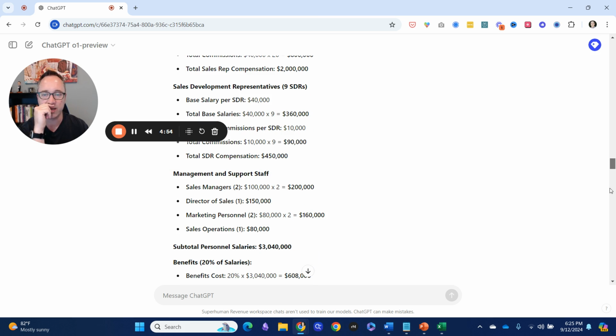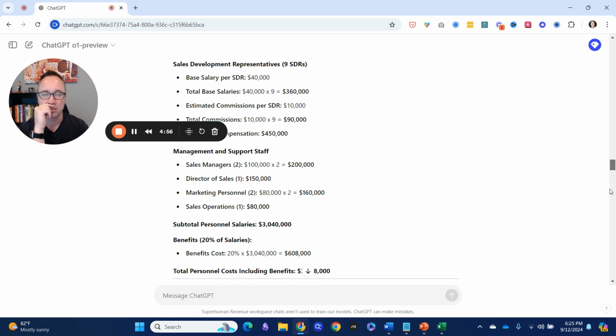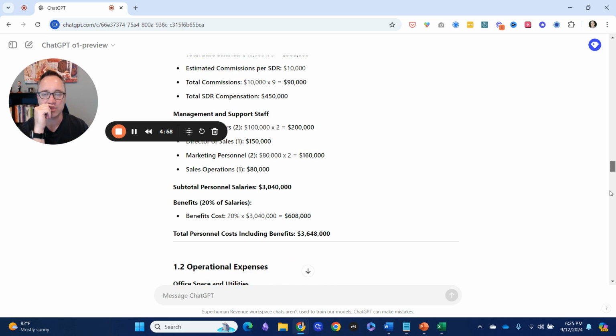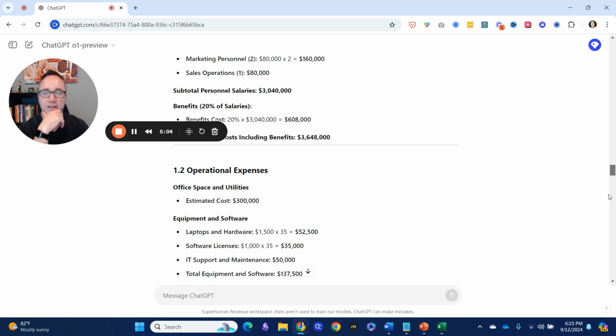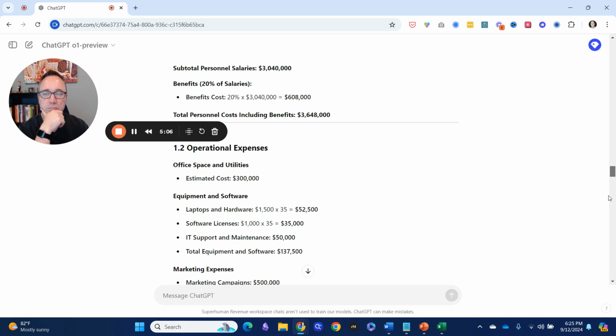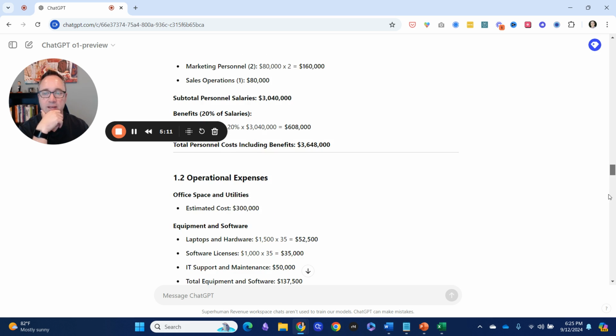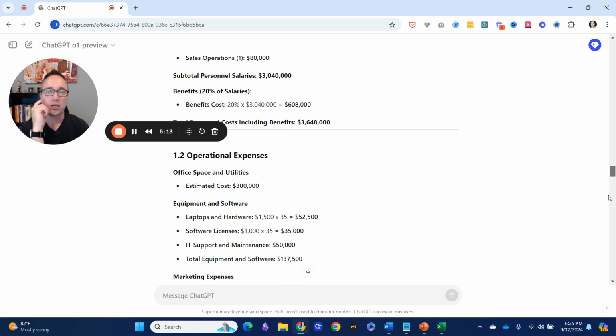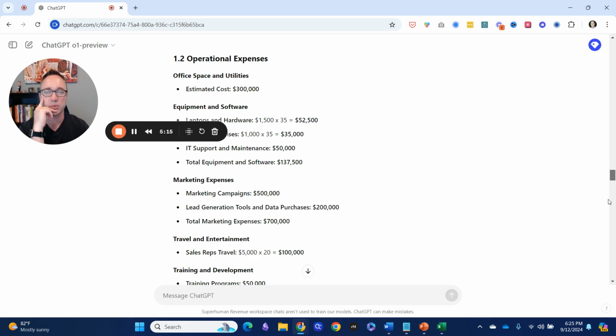It's got 2 sales managers, a director, marketing personnel, sales ops. I don't know if you need sales ops for the first year division. Some people might skewer me for that. Obviously, it'd be ideal, but I think there's some theoretical components there. Here's what I didn't ask. I didn't ask for OpEx expenses like equipment and software and licenses. This is pretty good.